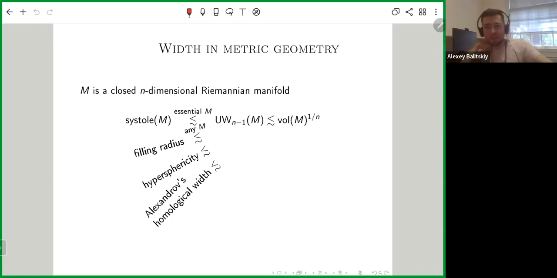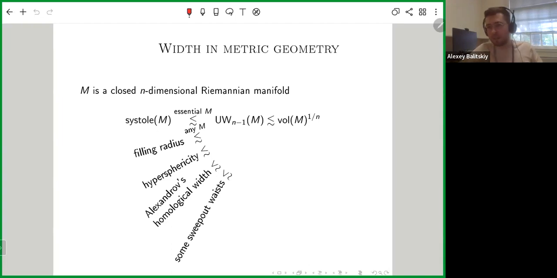So there is another width which I sort of like, because it's a version of the same way Urysohn width is derived from the topological dimension. You can derive a definition of the width from homological dimensions and come up with a different notion of the width, which also seems to be interesting.